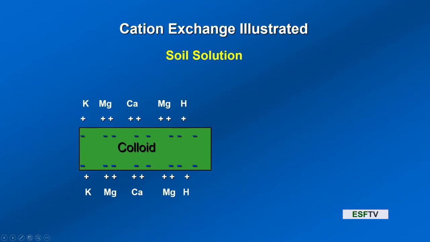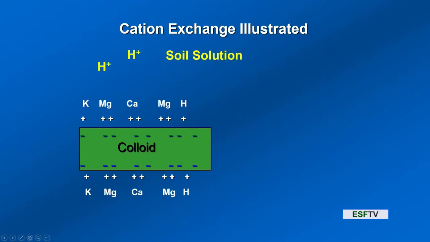And this shows potassium, magnesium, calcium, and hydrogen. It shows their valences. You'll know these valences by the end. Potassium +1, magnesium +2, calcium +2, hydrogen +1. And this is balanced. So the positively charged cations adsorbed to the colloid balance the negative charge exerted at the surface. And this represents soil solution.